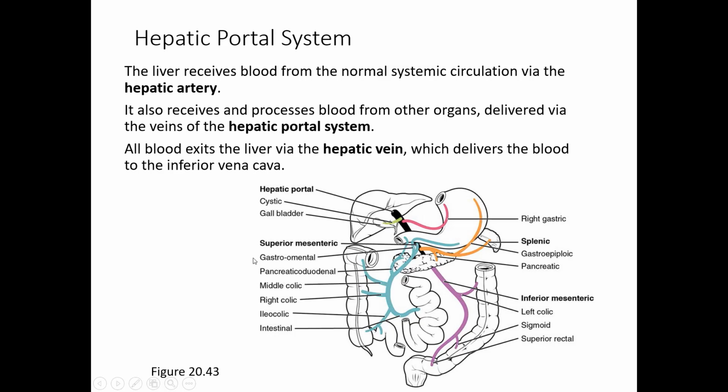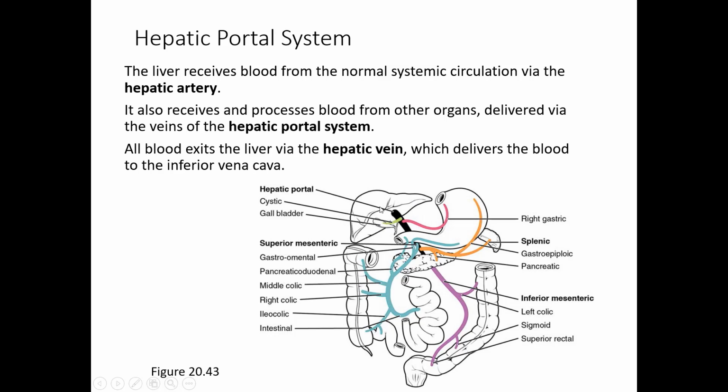Hepatic portal system is a different structure. It's a circulation system which exists between the liver and organs of abdominal cavity. Digestion and absorption of foods, mostly absorption, happens in the small intestine. All those nutrients that are absorbed into the blood do not go straight to the circulation. They first, through the system of veins, are collected into the hepatic portal vein and go to the liver.